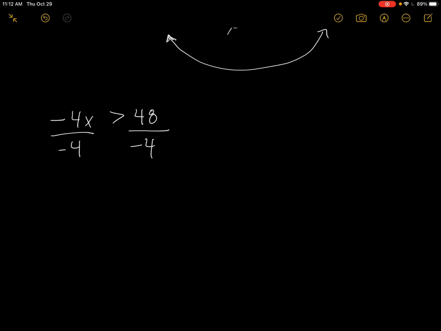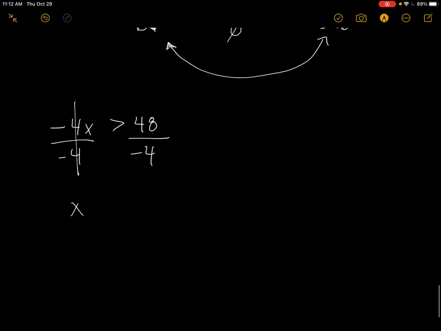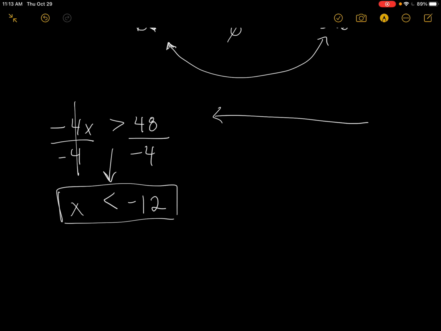If I'm going to divide by a negative, I have to flip my sign. So this sign is now going to flip. Instead of being greater than, it's going to be less than. And then 48 divided by negative 4 is negative 12. So I flipped it.